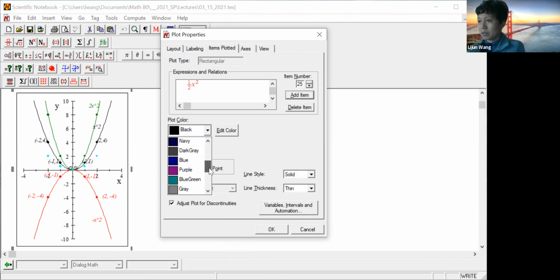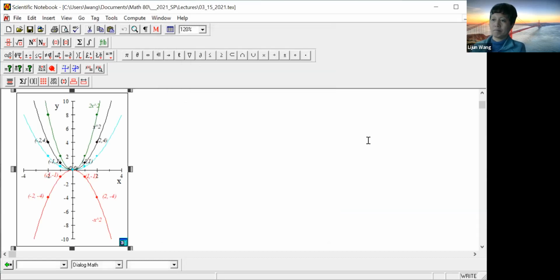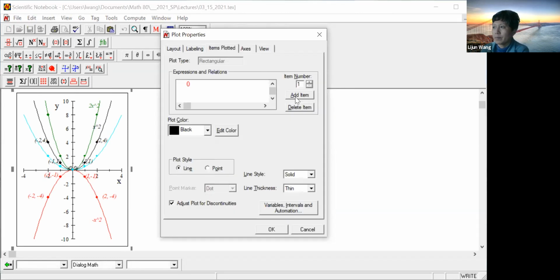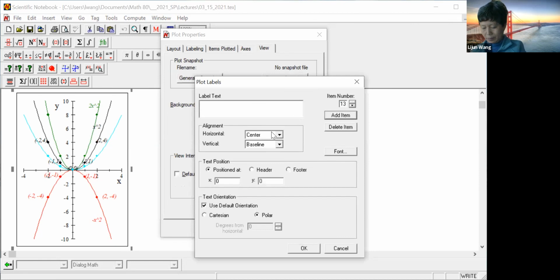Okay, and we're going to use that color there. And to mark it, it's half of x squared. I'm going to use 0.5, 0.5 x squared. Okay, just to avoid any confusion.